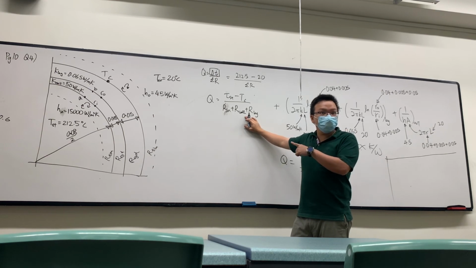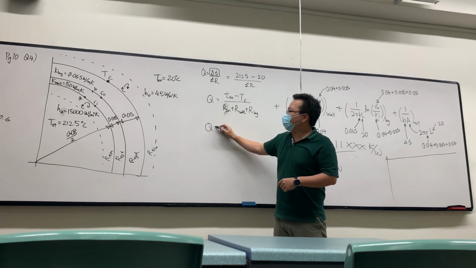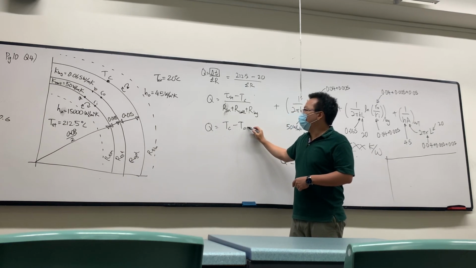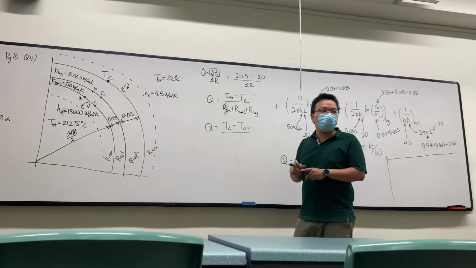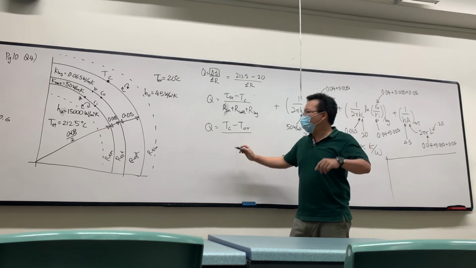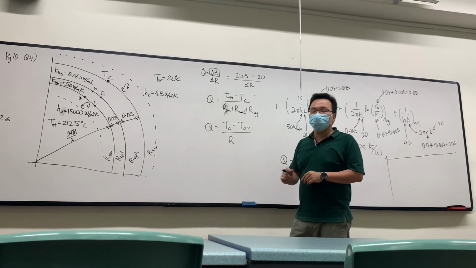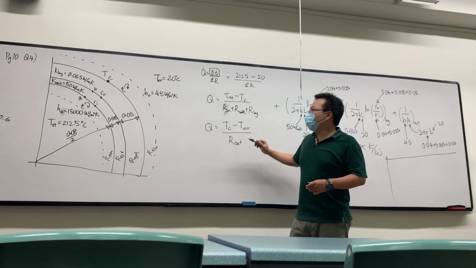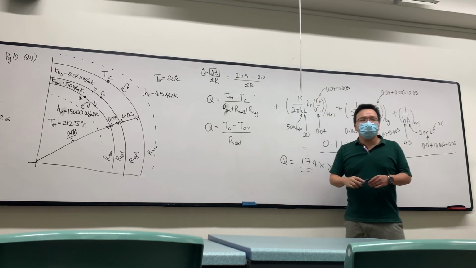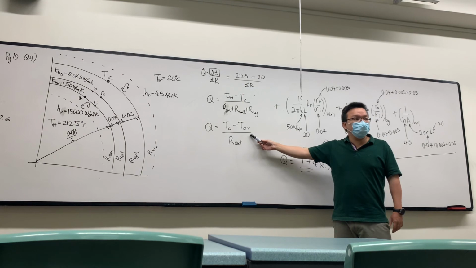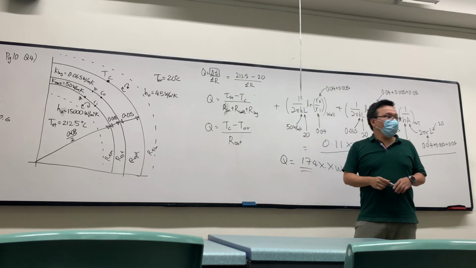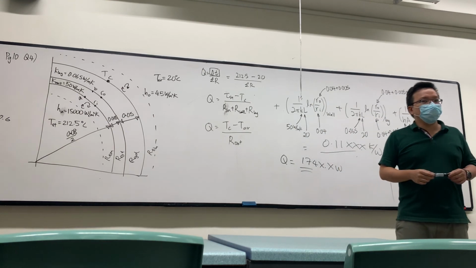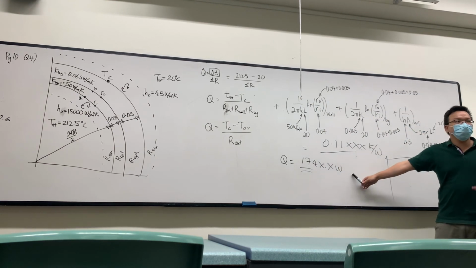The other way for me to find TC is to use TC minus TA. If I use this, how many R's? 1 R, R lagging. Of course, TC minus TA. Are we clear? What's the Q? This one I say must find out.